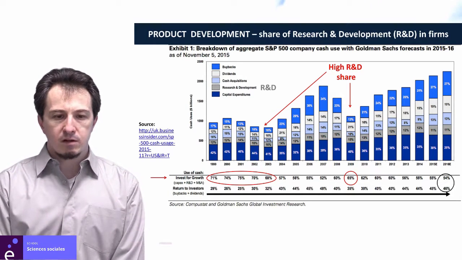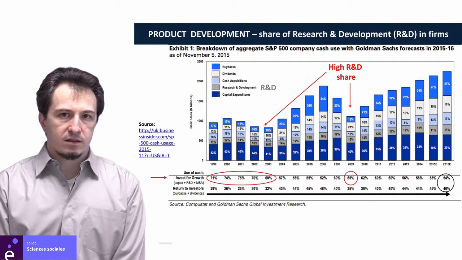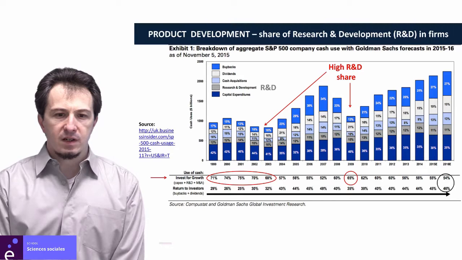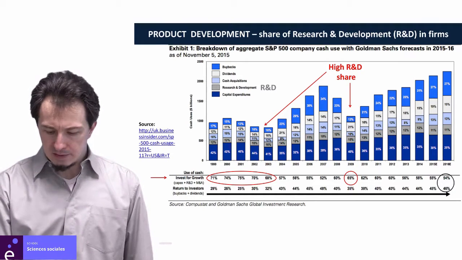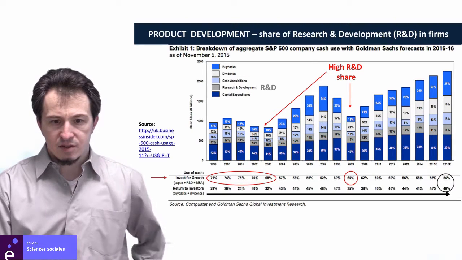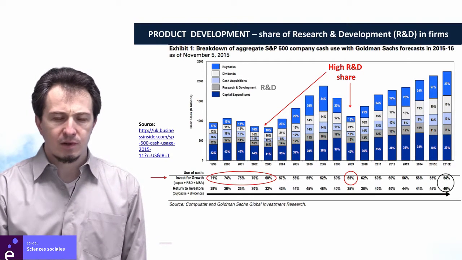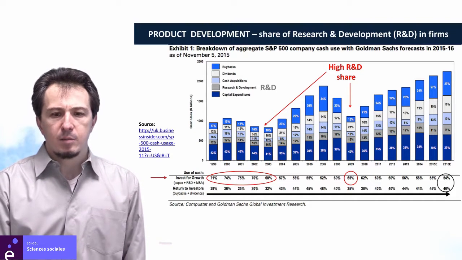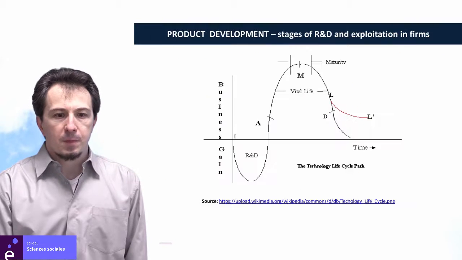So it's an evolution of cycle of development and exploitation in time. But you see, it's not such a big percentage, 1/3 to 1/10, basically. But it's a lot of money for the companies, and the question is why.